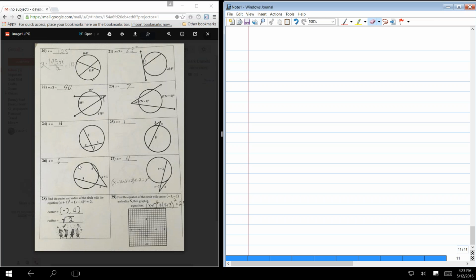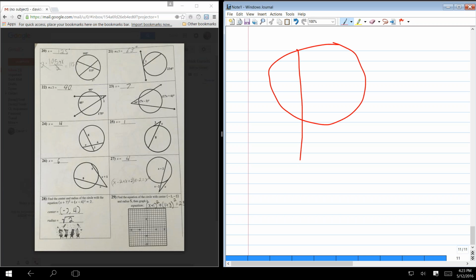It's two secant lines that intersect outside the circle, but the formula for determining the size of the arc lengths is completely different. Let me label this so that we can talk about it.